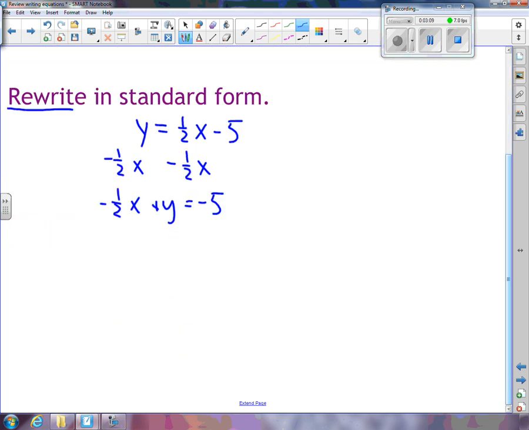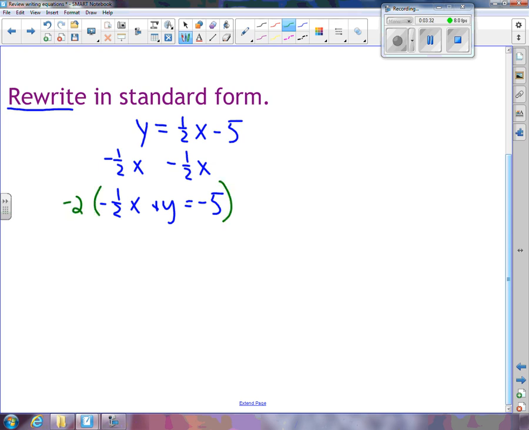At this point, I want to decide what number I should multiply the whole equation by in order to eliminate all of the fractions. You do that by finding the common denominator between all the fractions in the problem. Here I only have one fraction, so the common denominator is 2. I also would like to get rid of this negative, so I'm going to multiply by a -2.